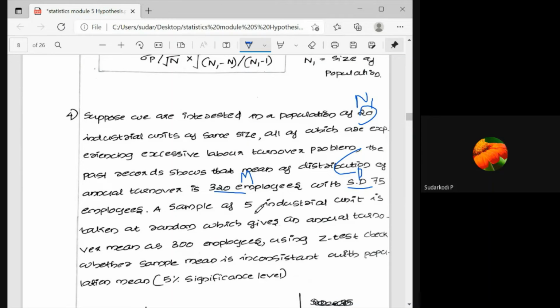A sample of 5 industrial units. So this is your n. Is taken at random, which gives an annual turnover of 300 employees. This is your x bar.